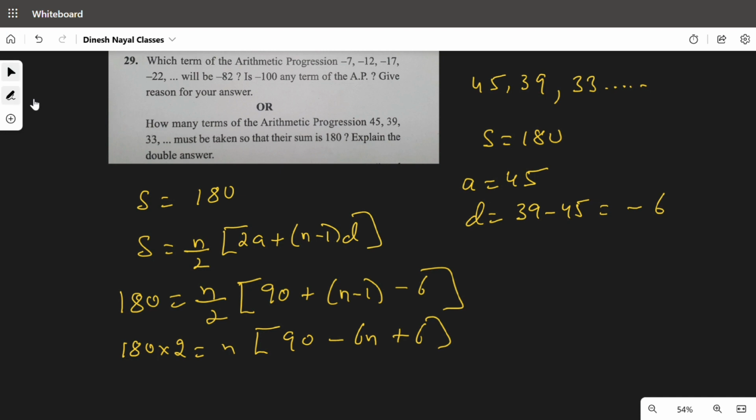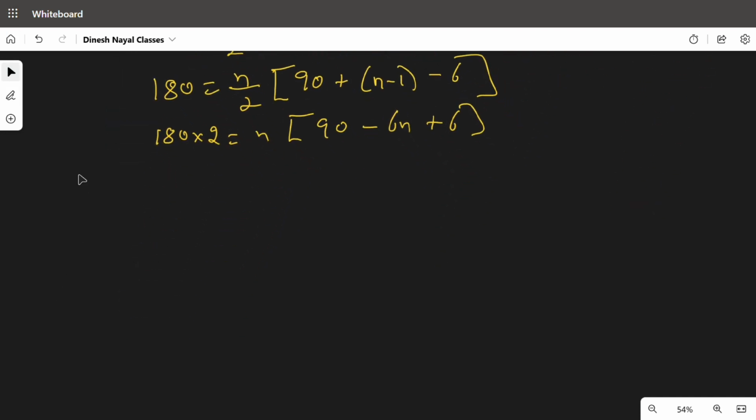Let's do it like this because we have to solve this equation only. So 180 into 2 is 360. So this is 360 equals n into 96 minus 6n, since 90 plus 6 is 96.